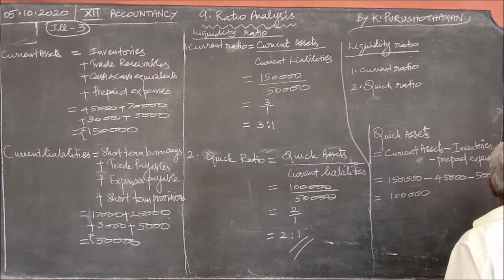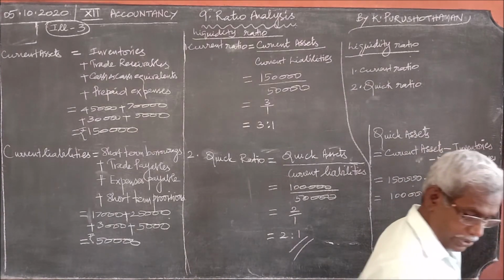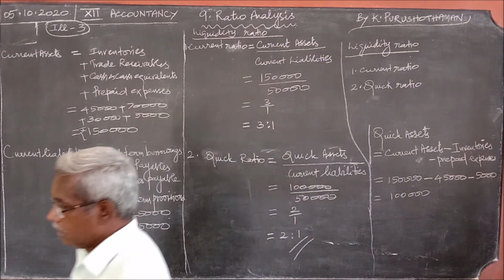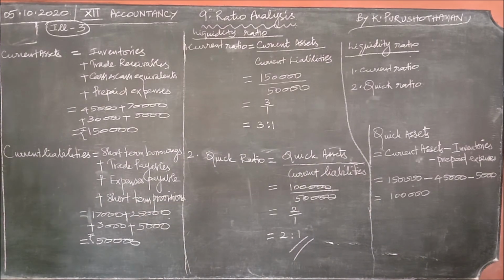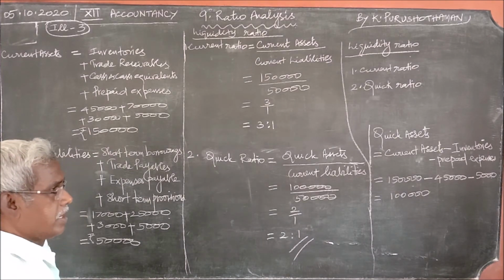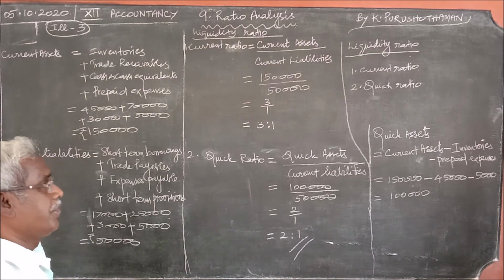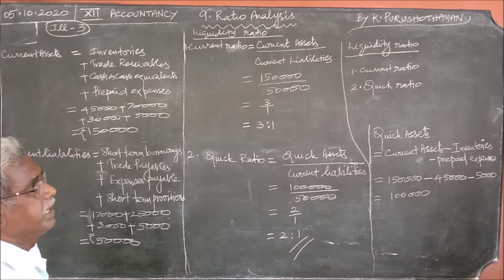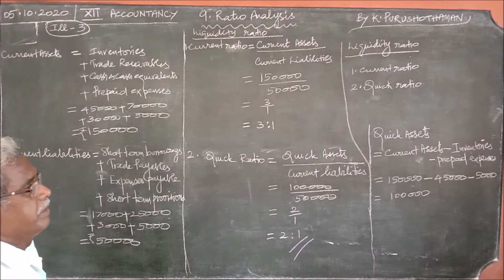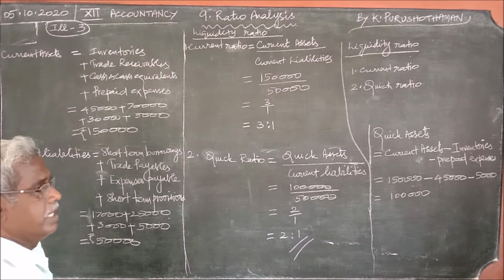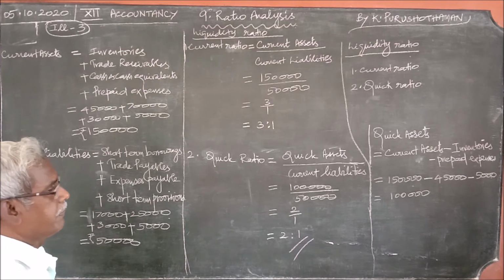What should you remember in this? In the last chapter, we saw how to analyze the financial statement. For that, some tools were chosen. What are they? Comparative statement, common size statement, trend analysis, cash flow analysis, fund flow analysis.